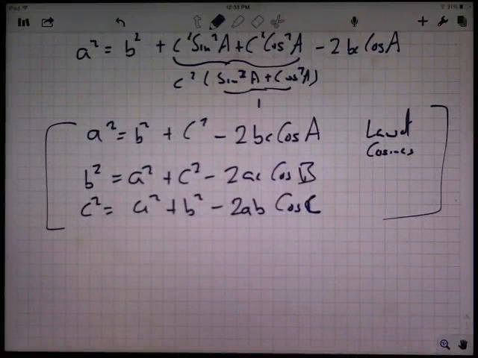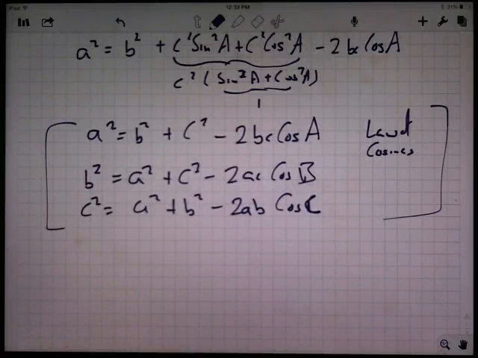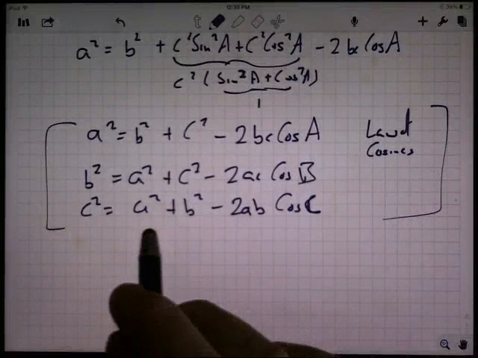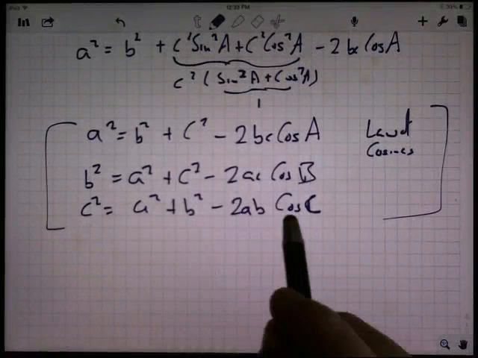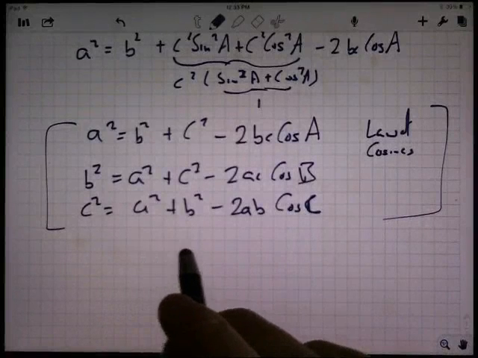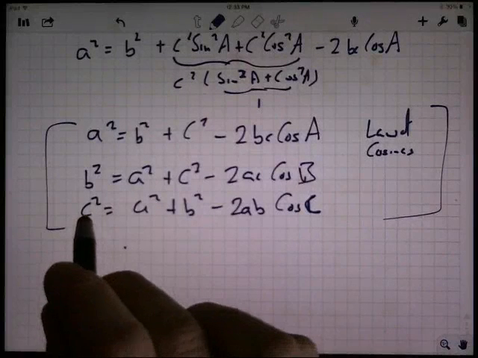All right. Notice this feels a lot, to me, it feels a lot like the Pythagorean Theorem. I mean, this one right here, c squared equals a squared plus b squared, and then this extra stuff. So I'm going to look at this last one here.